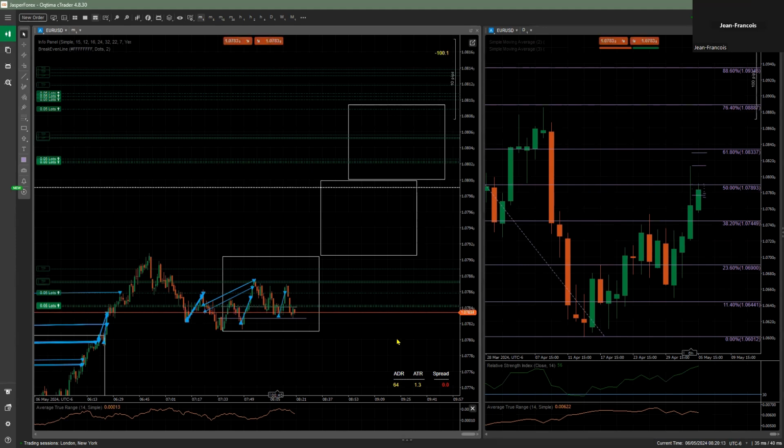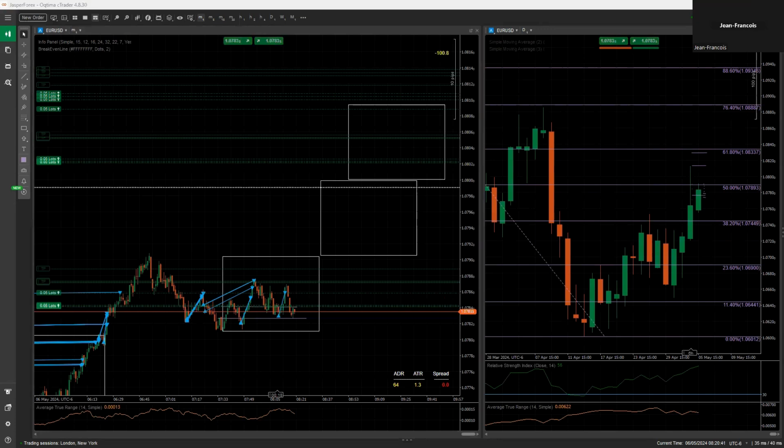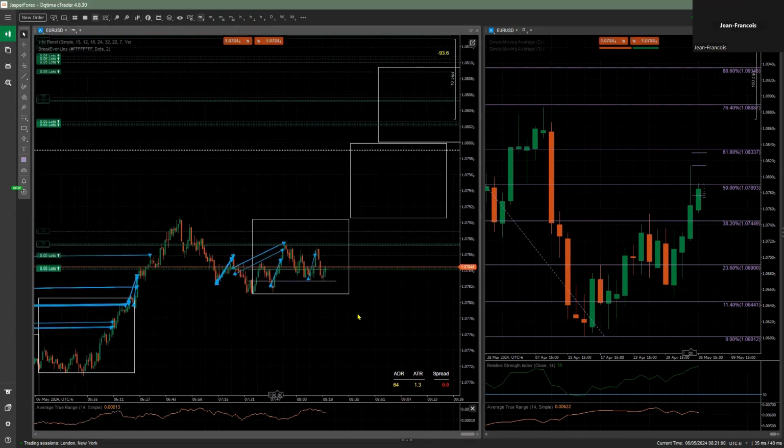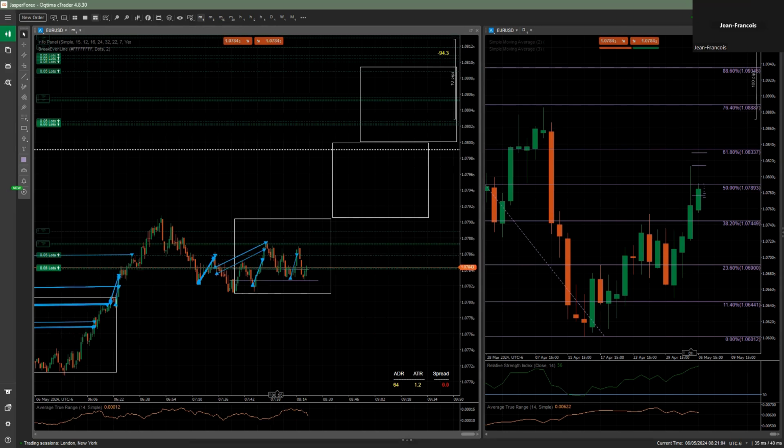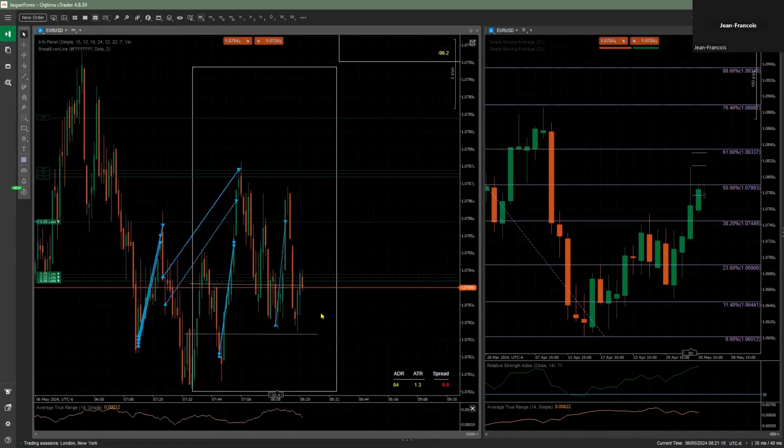Even gold is looking bullish, and there's opportunities everywhere with this weakening dollar. There we go. Come on. What a waste.